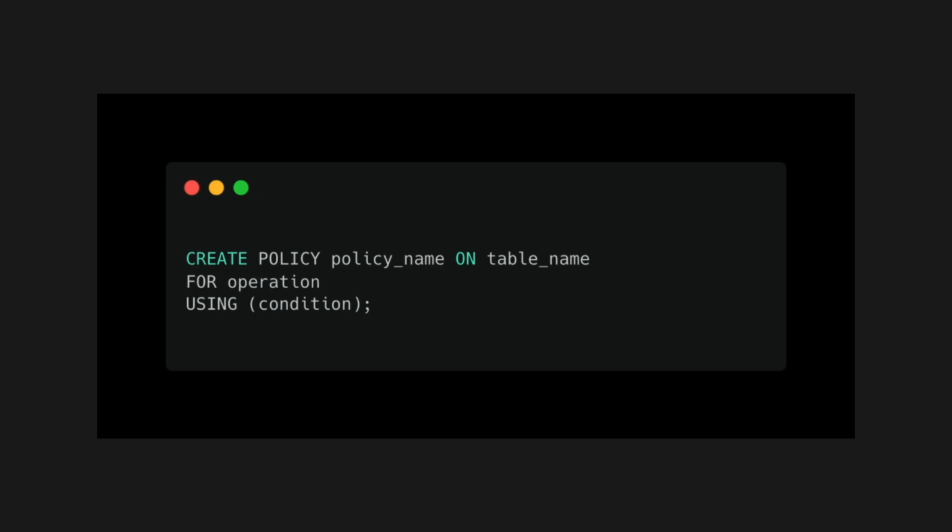So you'll need to specify a policy name and then specify which table you want to create the policy for. And then we'll have the operation. The operation, as I said, is either select, insert, update, or delete. And then lastly is where you define the condition. This condition returns either true or false. So it's a Boolean expression, and it defines whether the policy allows the operation on a row.